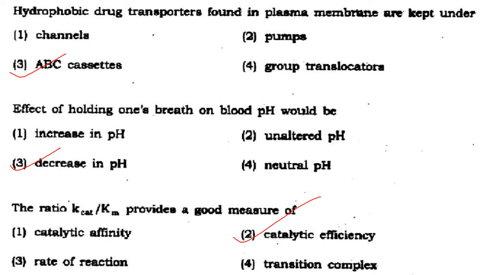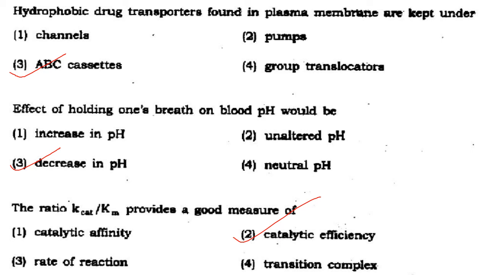Next one. Hydrophobic drug transporters found in plasma membrane are kept under option 1 channels, 2 pumps, 3 ABC cassettes, 4 group translocators. Answer is 3, ABC cassettes. Effect of holding one's breath on blood pH would be increase in pH or unaltered pH, decrease in pH, neutral pH.